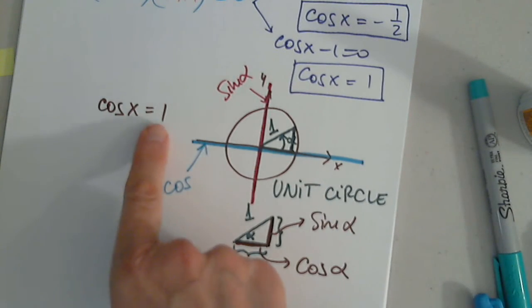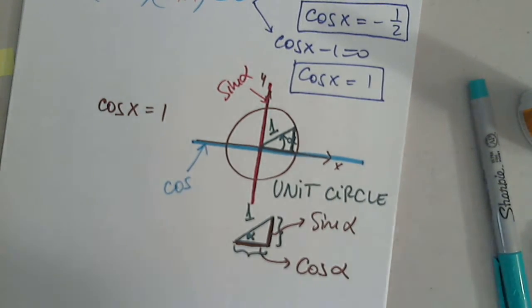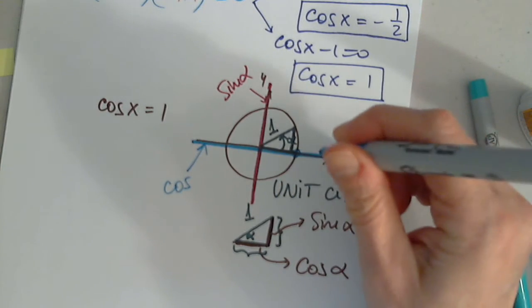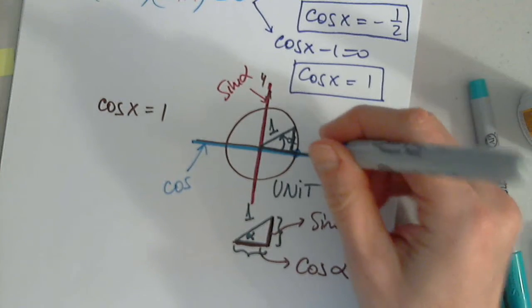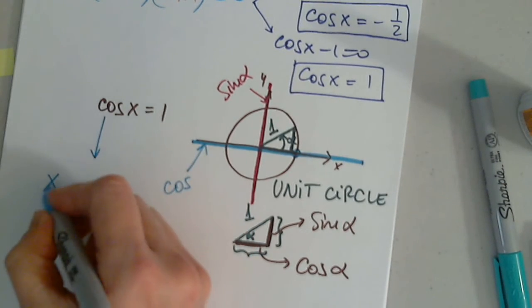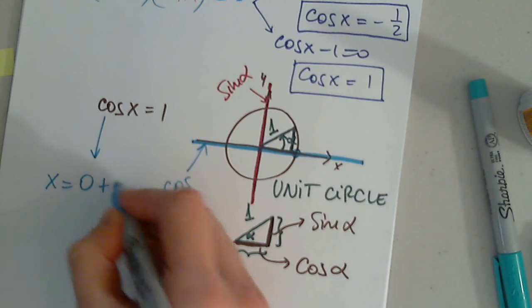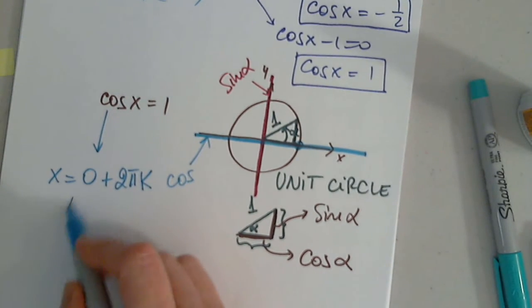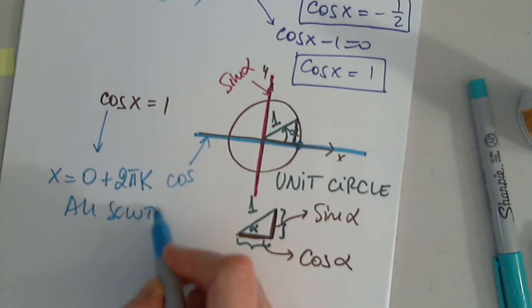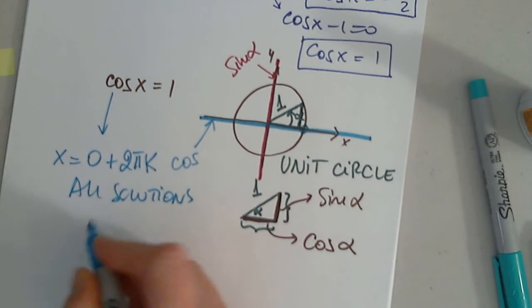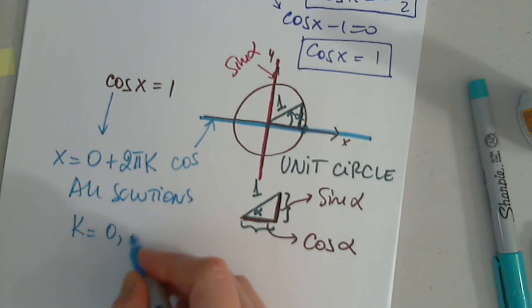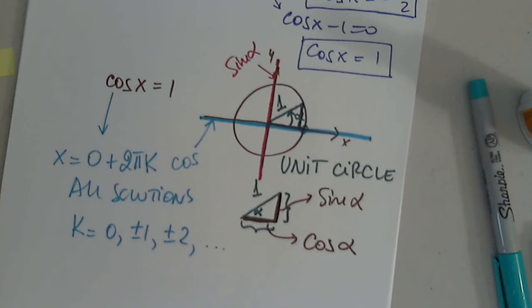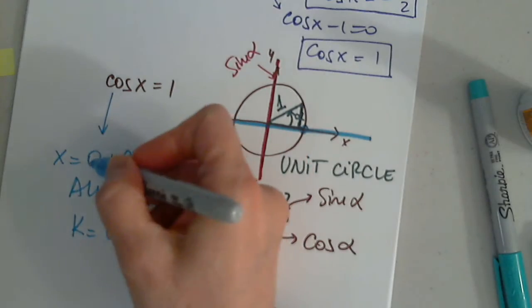So cosine x is 1 at this point where the angle is 0. So I will write that x equals 0 plus 2 pi k for all solutions. And what is k? 0, plus or minus 1, plus or minus 2, etc. Do I have to write the 0?